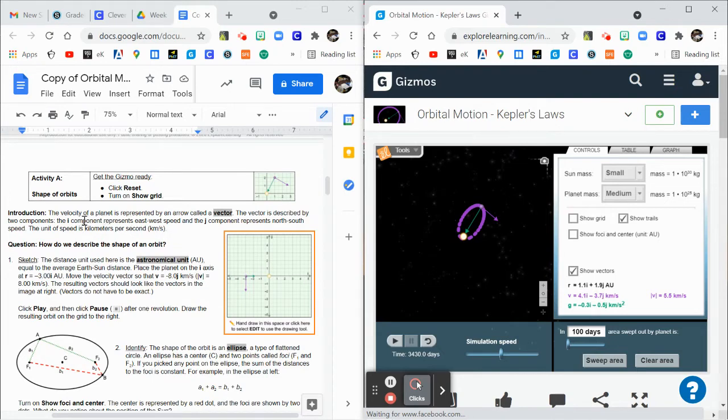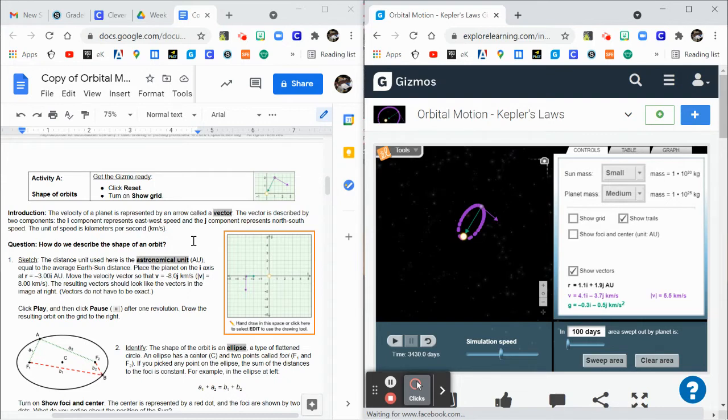These are components of velocity. The i component is horizontal, east-west, and the component that is vertical is called j, north-south. We learned a little bit about components when we were calculating the acceleration of a box on an inclined plane.